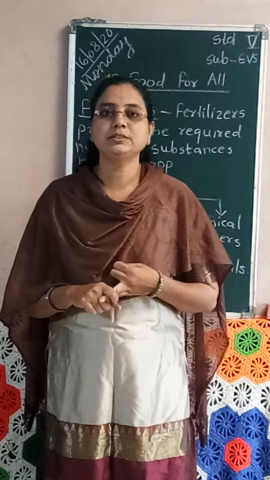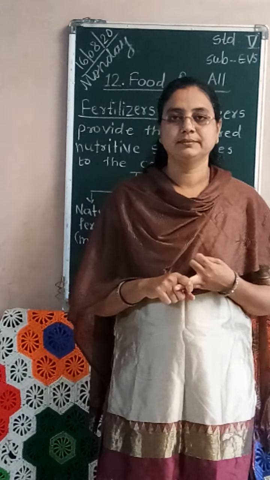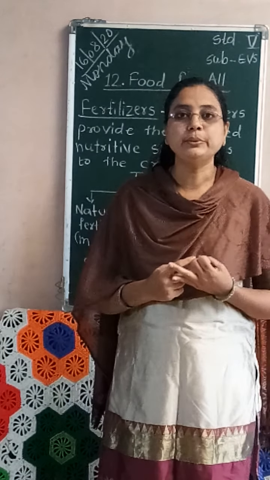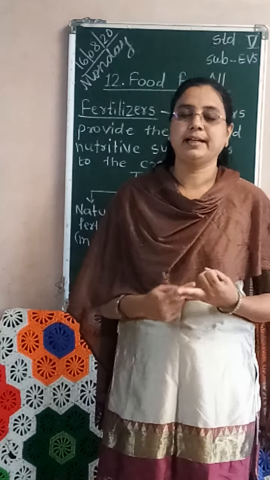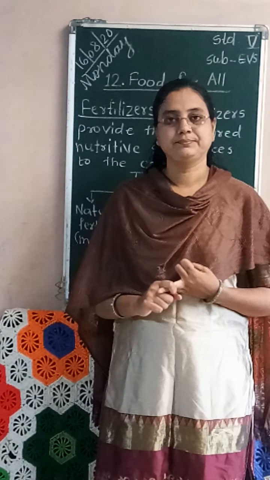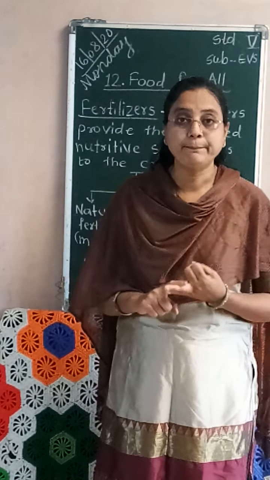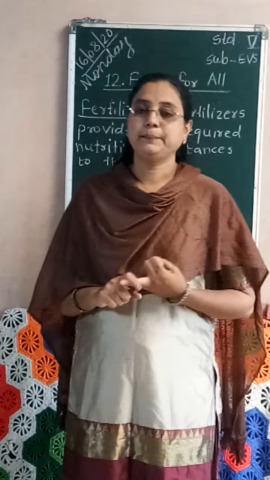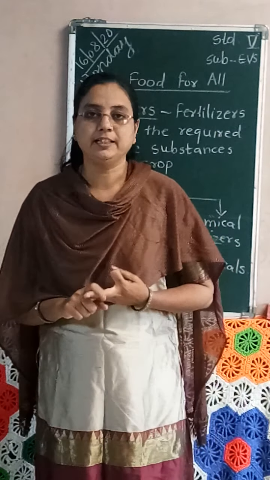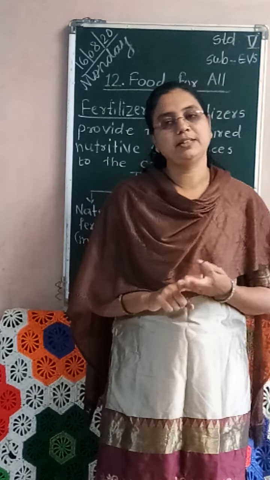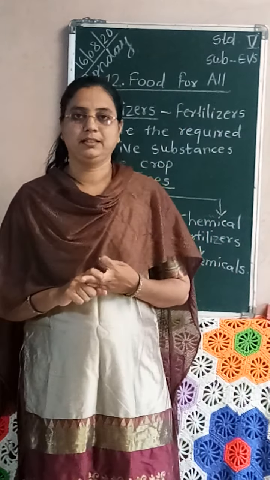We studied improved seed, by using which the farmer can get a good harvest. Then the drip irrigation method and the sprinkler irrigation method. I hope you have understood that point well.